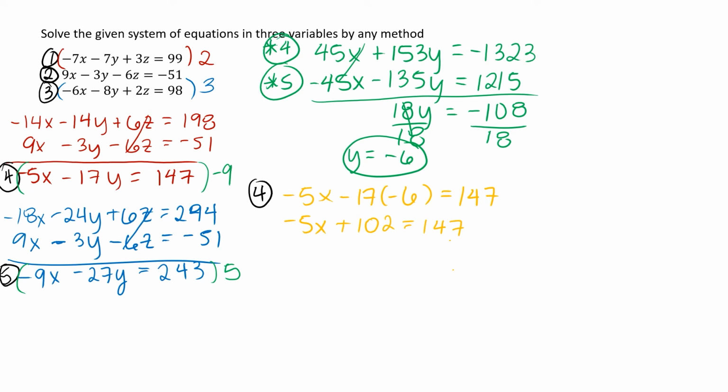From here, I'm going to move my 102 over, so I subtract 102 from 147, and I get negative 5x equals 45. Then I'm going to divide by negative 5, and I get negative 9.